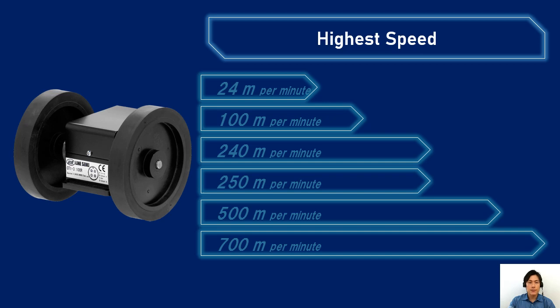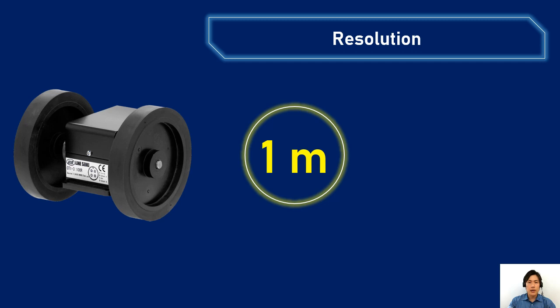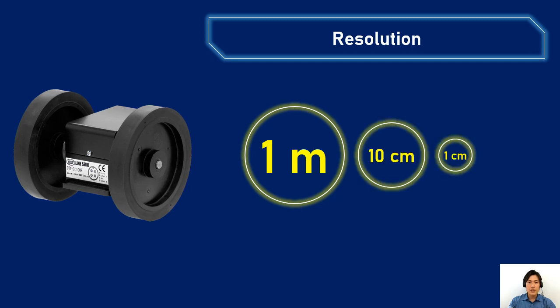Please consider the speed of production line at a factory where the measuring object is manufactured. And there are 4 kinds of resolution: 1 meter, 10 centimeters, 1 centimeter, and 1 millimeter. The best resolution will depend on your application. Is 1 meter resolution precise enough, or should it be in millimeters? Please check how precise it should be on the factory floor.